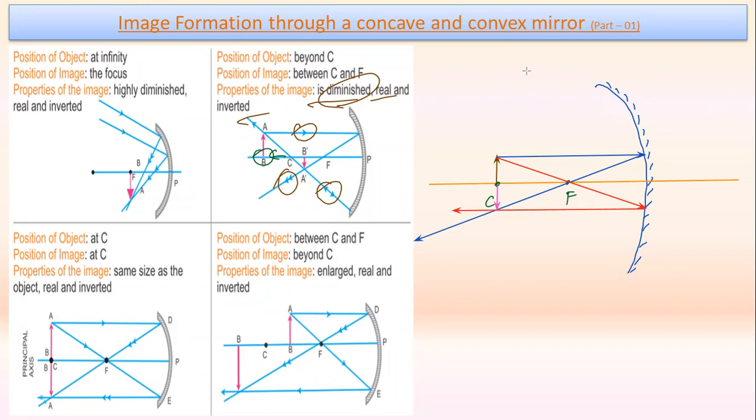Okay, so here when the object is placed at C, then its image is going to form at C, where it will be real, inverted, of the same size to the object. यानी यहाँ पे जो image बनेगा वो real होगा, वो inverted होगा और वो same size होगा to the object.